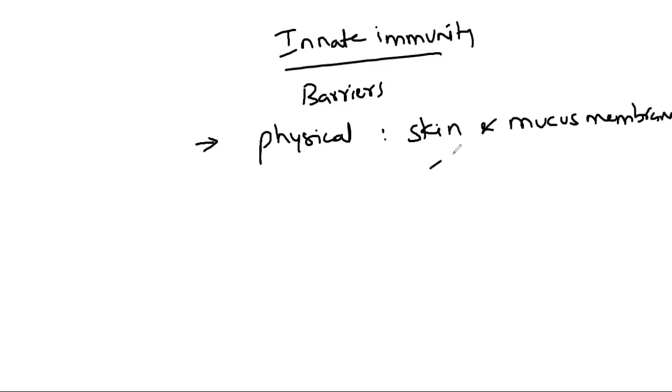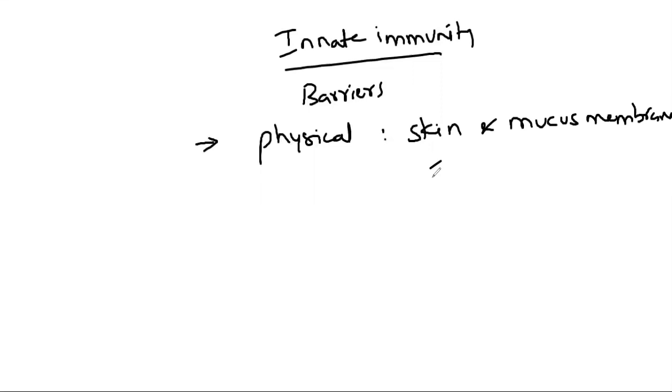You know that skin is the largest organ found in our body, and the skin does not allow the pathogens to move into the body. And next, mucous membrane. The mucous membrane lines the respiratory tract, GI tract, and urinogenital tract.